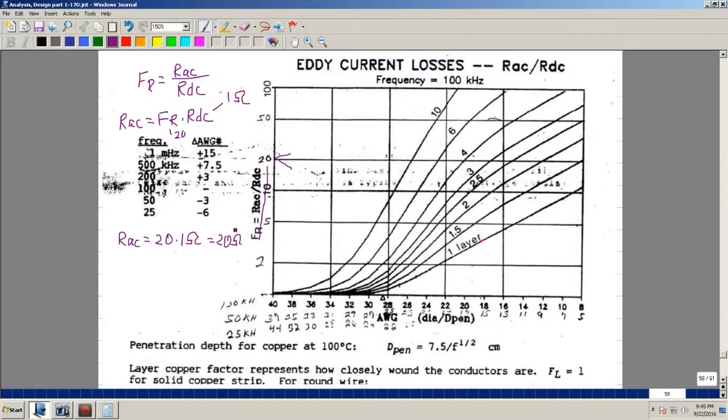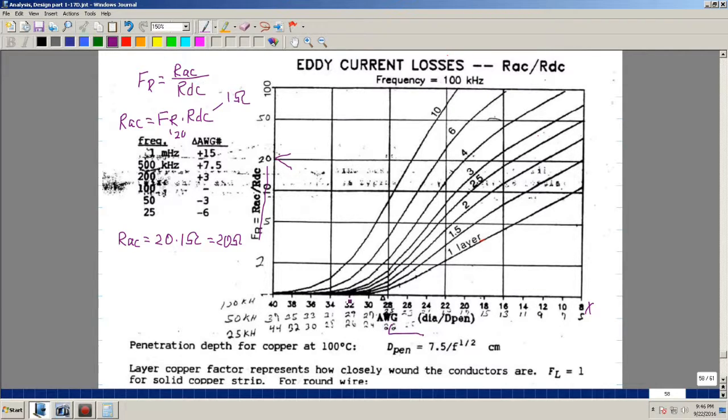Now this is typical. All of the other Dowell plots that I've seen show this. What's different is that the other ones that I've seen plot this as the diameter versus the penetration or the skin effect. But this one is unique in that the x-axis is in terms of AWG.